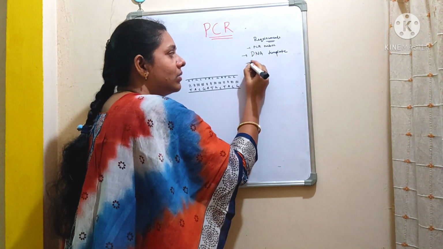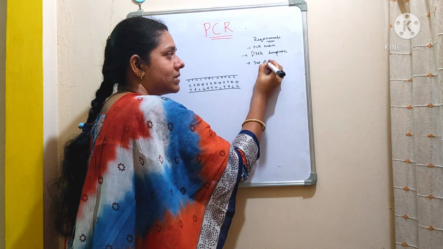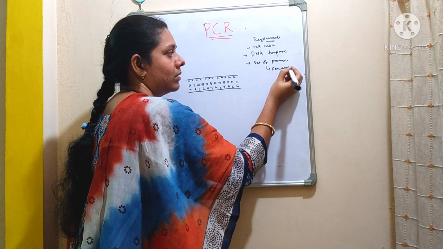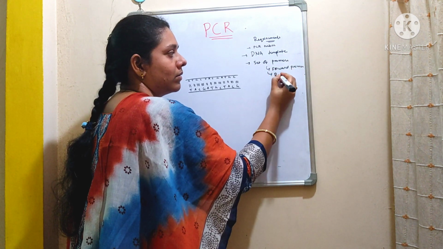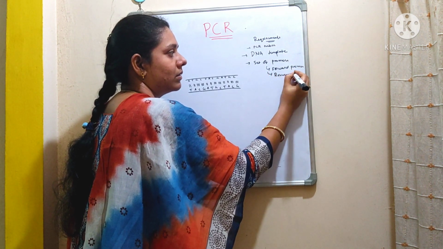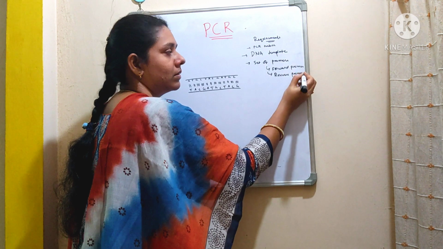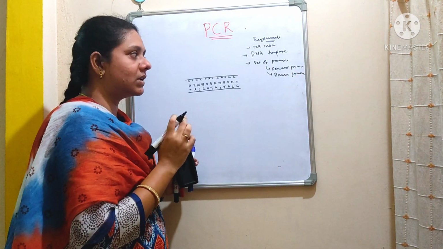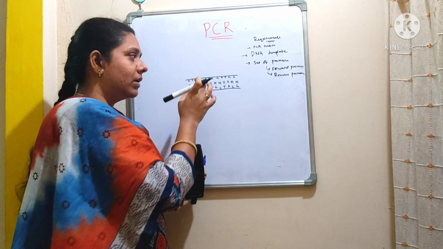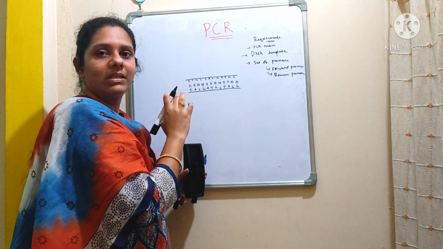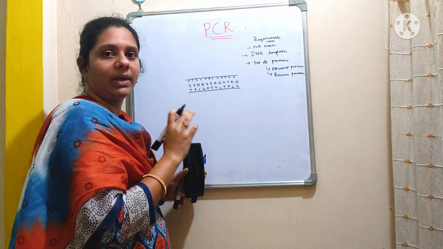And you need to have a set of primers, that is the forward primer and the reverse primer. I told you how to design a primer. You need to know the sequence information that is present in the template DNA.